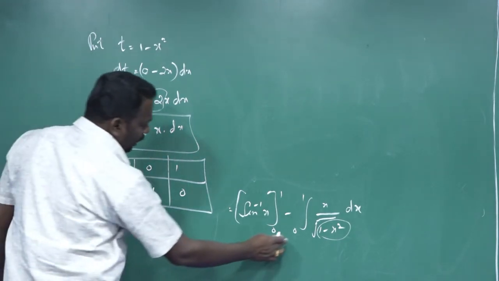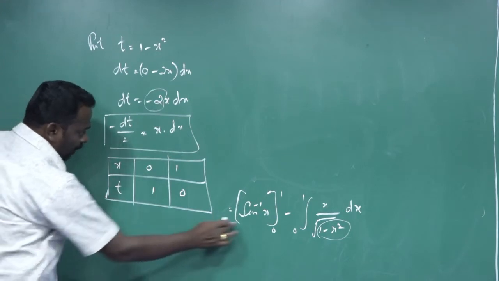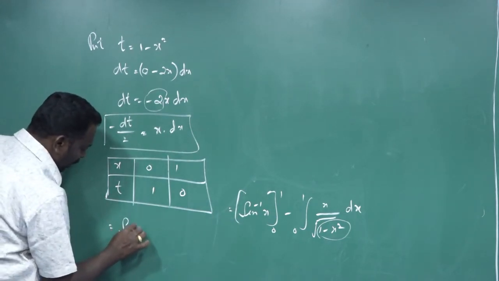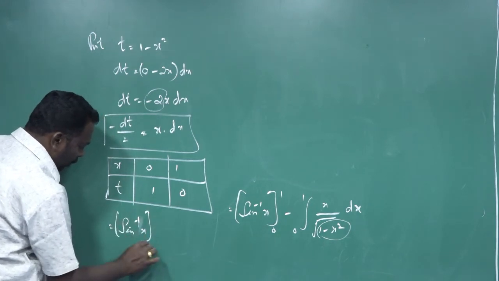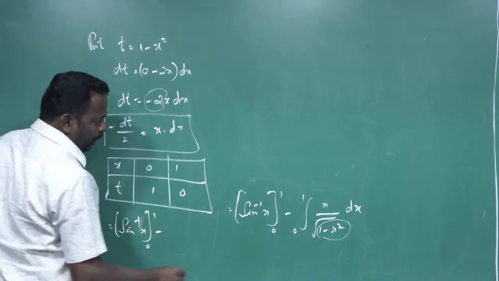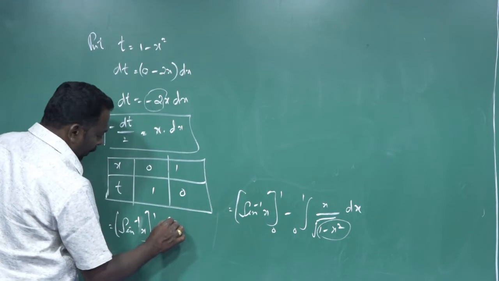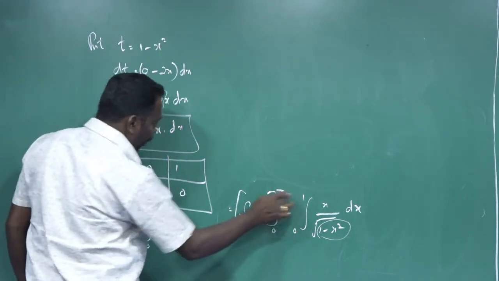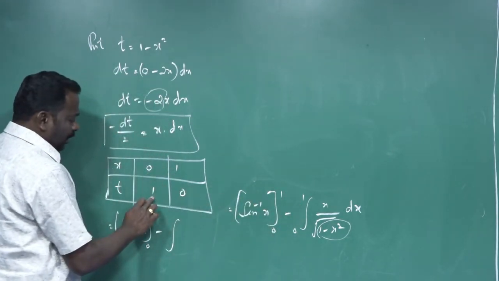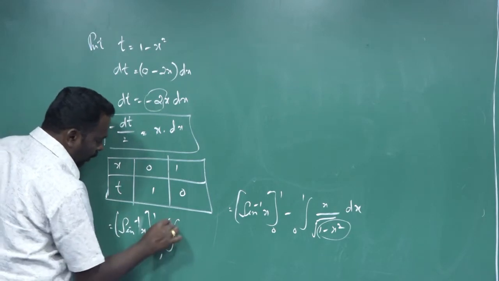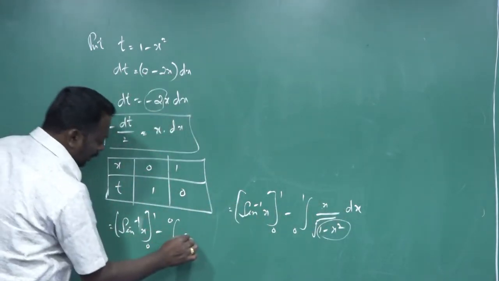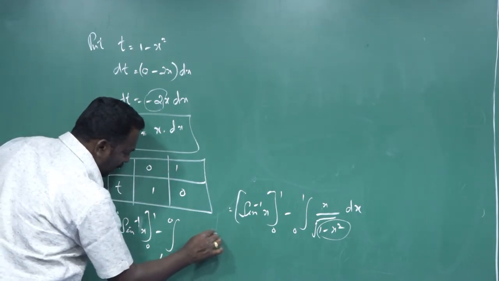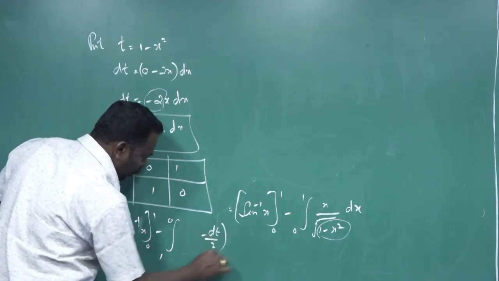Now, in the last equation, the first term stays as it is: sine inverse of x, with limits 0 and 1, minus. Now in the integral, instead of 0 to 1, we write the t variable range as 1 to 0. Then x dx we can replace with minus dt by 2.